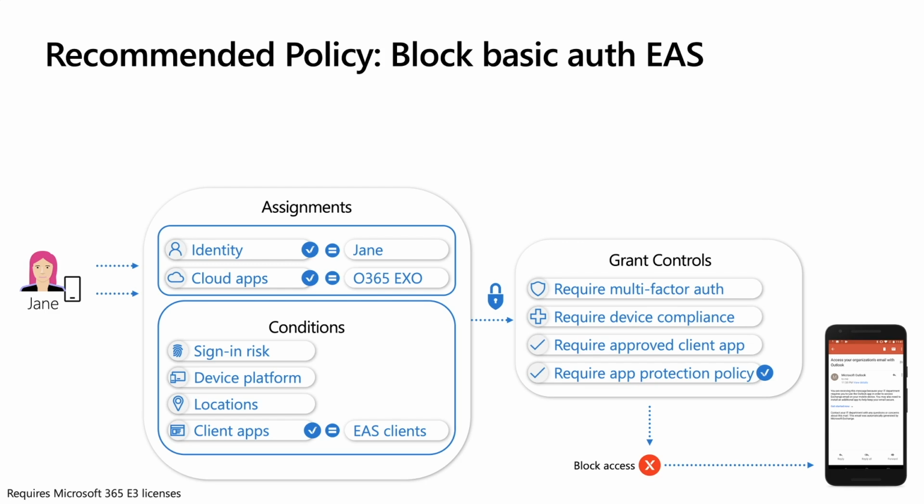And because we use the require app protection policy grant access control, we deliver a tailored quarantine message back to Jane so that when she launches the mail app after successfully completing her profile setup, she will see a quarantine message that indicates that she needs to use Outlook as the app to access her messaging data on the device. If we had used any other grant access control or created a block policy, we would have delivered a different quarantine message, and that quarantine message would not have guided Jane to install Outlook.